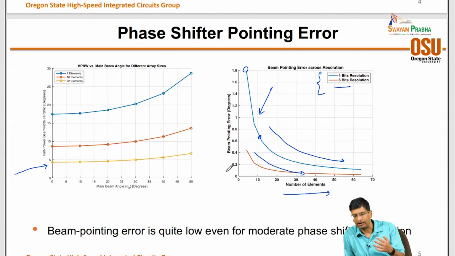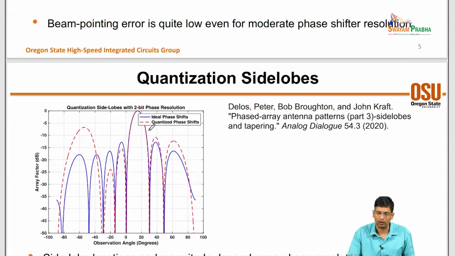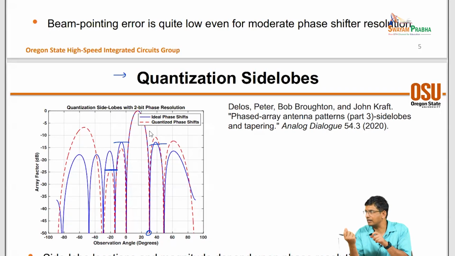But where I really find a problem is in what we call quantization side lobes. Because in order for two signals to cancel at my nulls, for example, and in order for signal cancellation that brings my side lobe levels down, I need phases to be aligned. But when the phases are slightly misaligned, even within the resolution, then the residual amplitude shoots up, right?